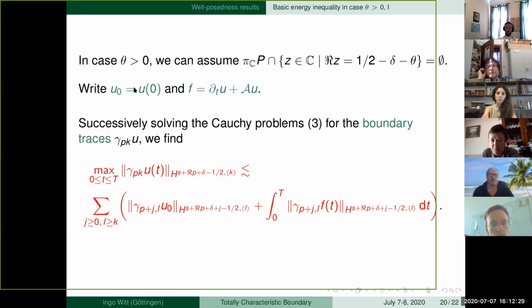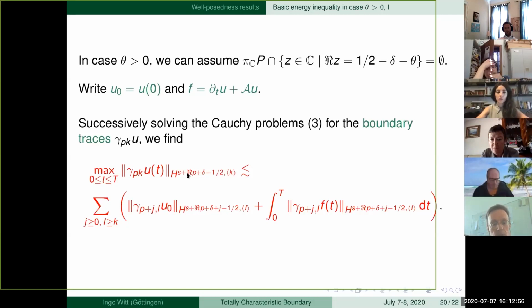For short notation, we write u at 0 as u naught, and D_t u plus A u as f. Then we first compute the boundary traces. As we have seen, they satisfy hyperbolic problems, and so we can solve these hyperbolic problems, and we get these boundary traces with the correct regularities and with the correct estimates.